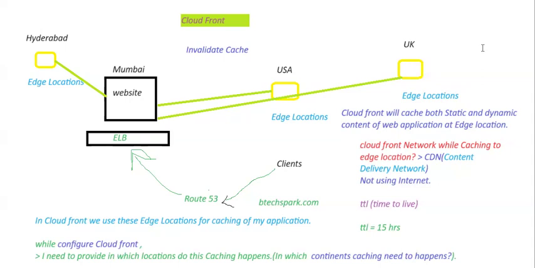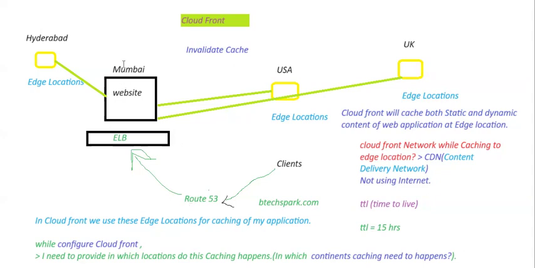So whenever you create your CloudFront, it also provides you a URL, right? Same as the Elastic Load Balancer, this CloudFront will also provide you a URL. Now let's say I have a client in the Mumbai region and he requested my website. So he requested btechspark.com. Now what happens? The request will be sent first to Route 53. From Route 53, where will it be routed?